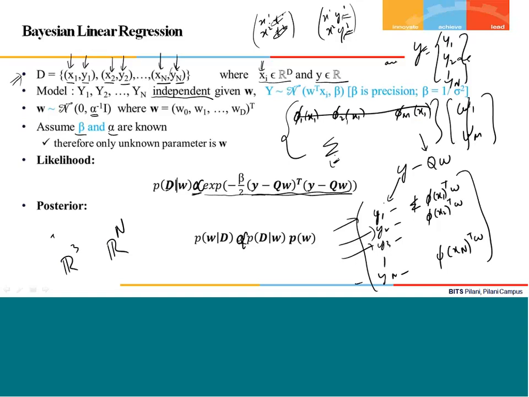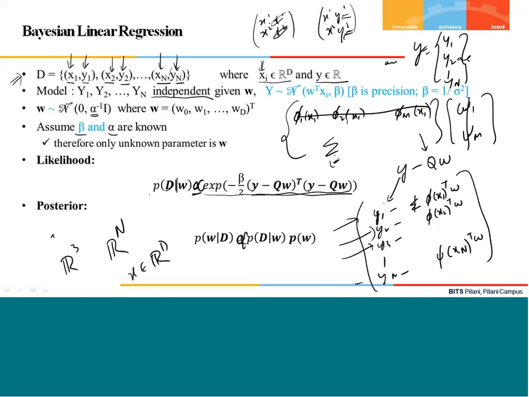I am saying my input vector x is d dimension, so x belongs to a d dimensional space. It means x has d different components, x1, x2, x3 up to xd. And if y belongs to R, it means y is a real number with only one component.